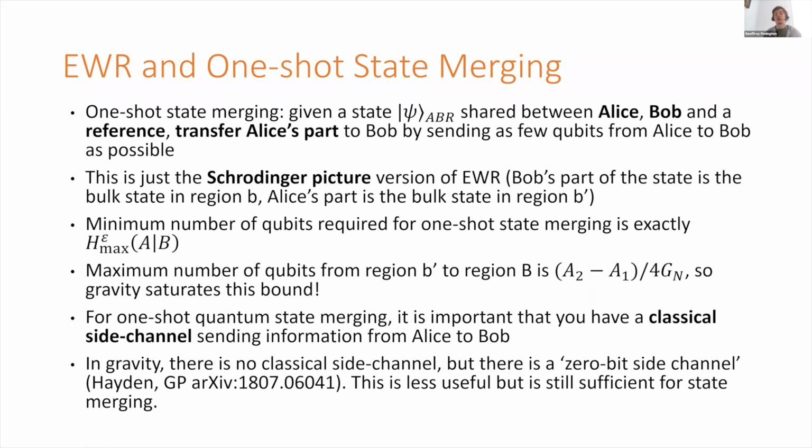And so I can choose any bulk state I want, and then someone else is going to get access to the reduced state on big B, and they're going to try and learn the qubits that I encoded in the bulk state, right? But I was only allowed to encode things in little b prime. The maximum number of qubits that we can send this way is given by the difference between the two areas over 4G.